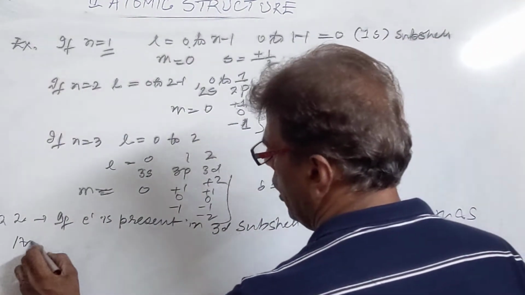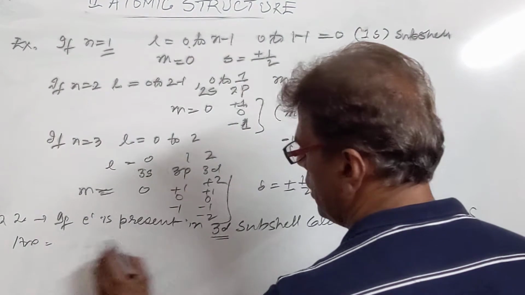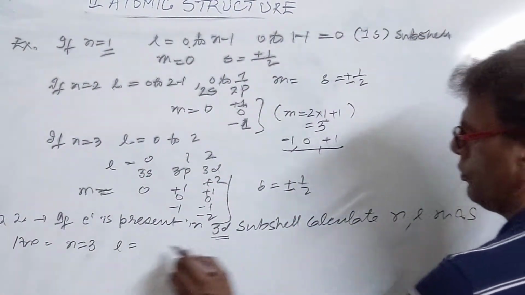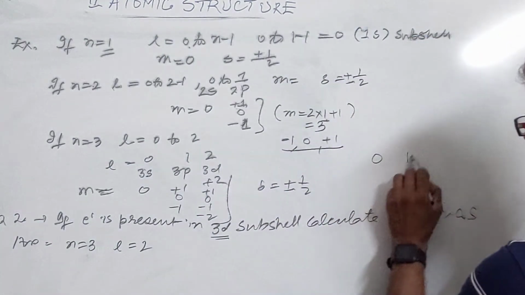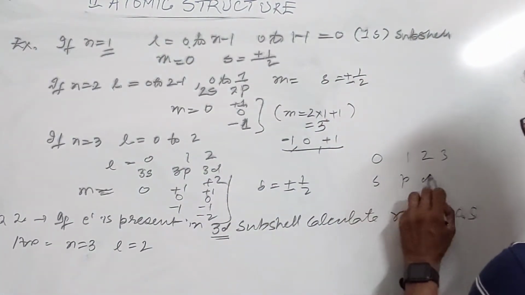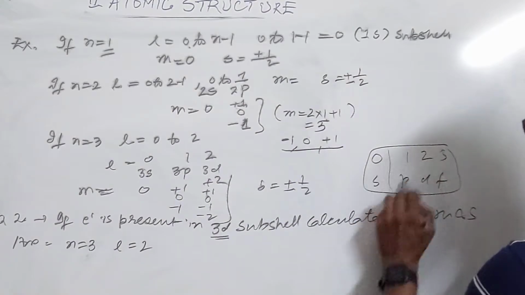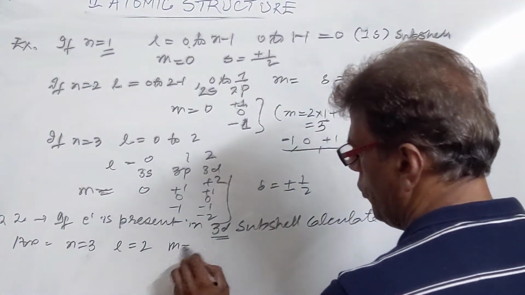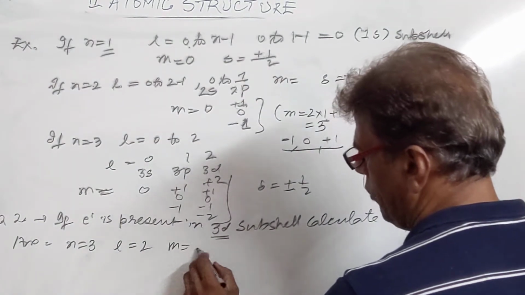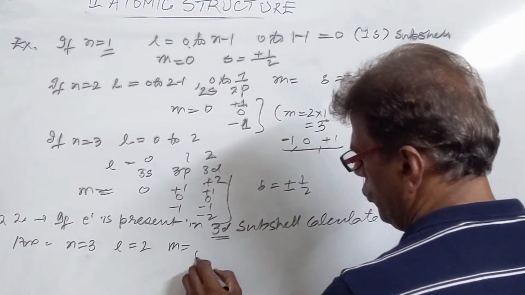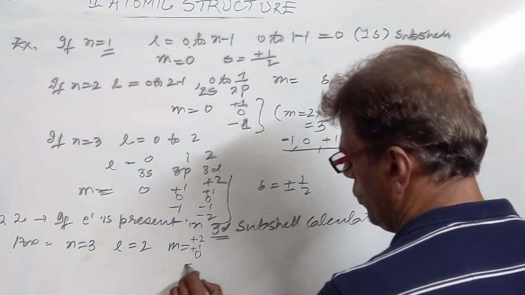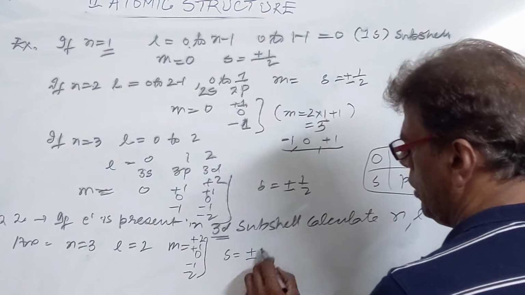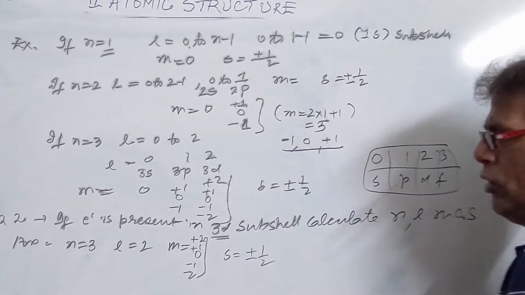The answer will be: the electron is present in the 3d subshell, it means n is 3. l for the d subshell is 2, because we know 0, 1, 2, 3 are s, p, d, f. If we have the d subshell, then l value will be 2, then m value will be 5. Double plus add 1, so you will have 5 values, 0 to plus 2, 0 to minus 2. And the spin quantum number is either plus half or minus half. We can give any value.